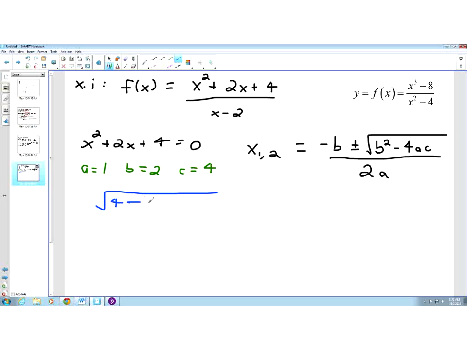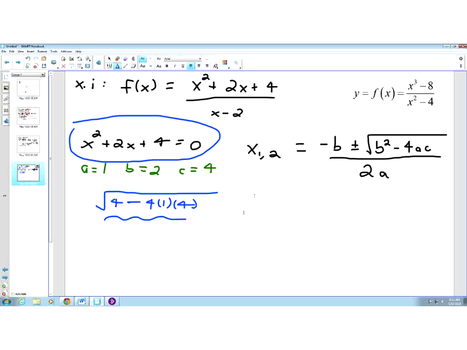This is the discriminant part, right? 4 minus 4, A is 1, and C is 4. Notice that we'll have a negative number under the radical, which means that this quadratic has complex roots.